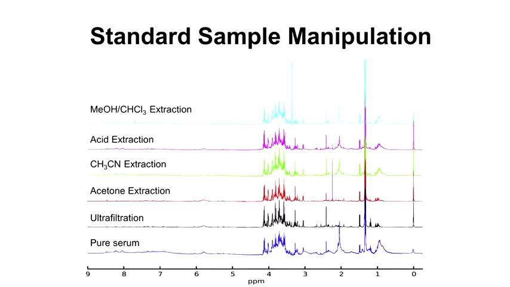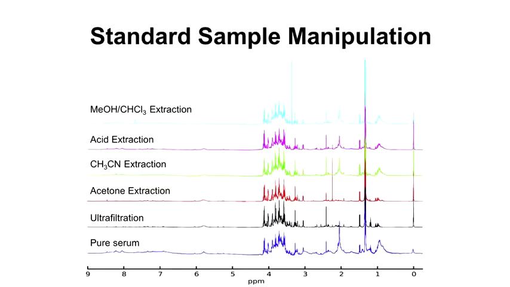But you can also do a variety of other kinds of sample manipulation. In this case, if we're looking at serum or plasma, trying to extract metabolites from this complex mixture of lipids, lipoproteins, proteins, and metabolites, this is just illustrating the type of extraction results using different protocols.